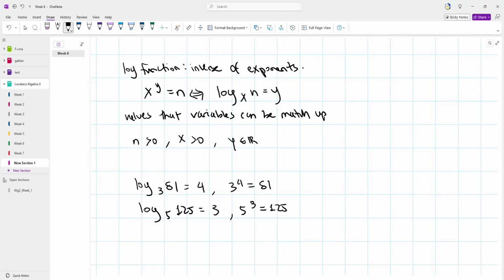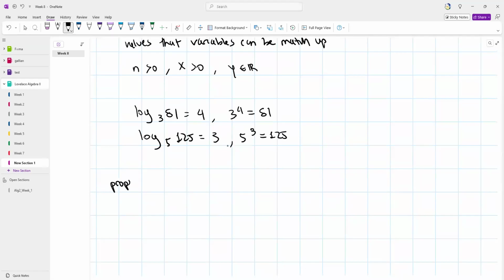Okay, so I guess we can move on to some properties of logs. By the way, I guess we should go over this first. By notation or by convention, log base 10 of n is just equal to log n, so you can just omit the 10.